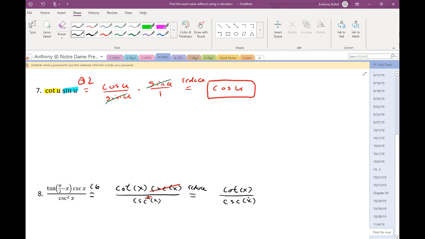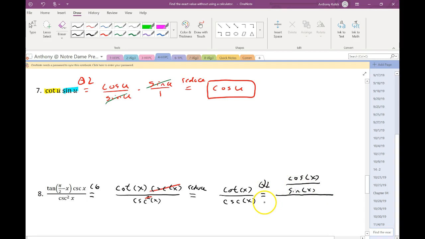Okay. So we want to change cotangent to cosine over sine. At the same time, what else should we do then? Change cosecant to 1 over sine, right?